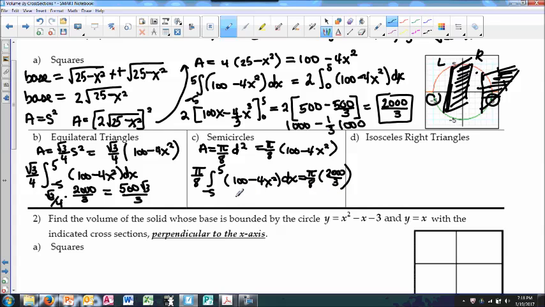So that means I have 8 to cancel into 2,000. So I end up with 250 times pi divided by 3.